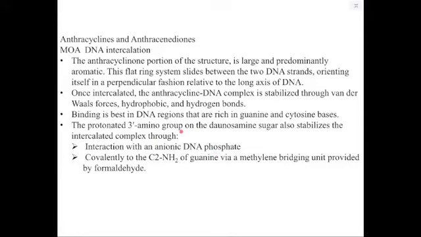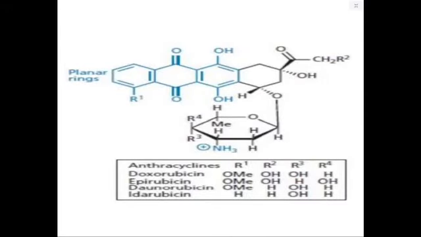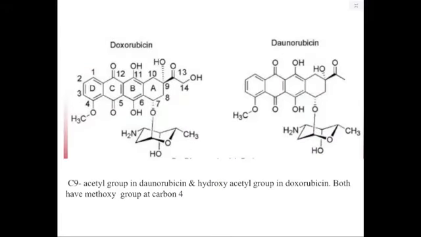And therefore, when that happens, these bonds that are being formed between this drug and the DNA are stabilizing this molecule. And once that molecule is stable, it means the drug will be firmly held. And once the drug is firmly held, it will prevent the separation of the strands. And once you do not have separation of the strands, replication will definitely not happen.